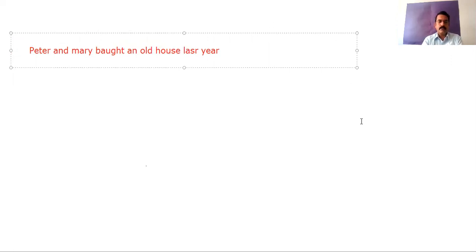So let us identify the first phrase, Peter and Mary. The subject has two nouns here, Peter and Mary, that are connected by using a conjunction. Second phrase is bought.